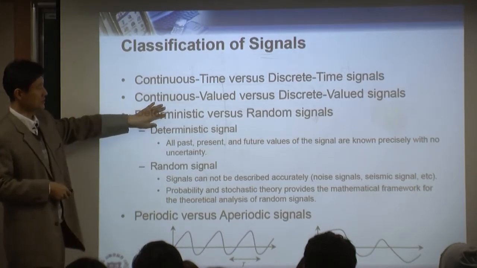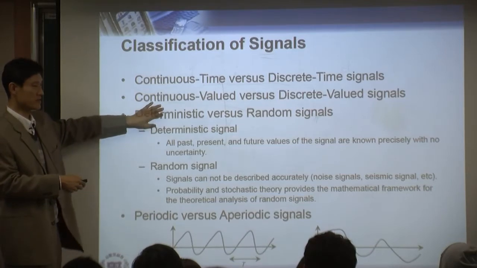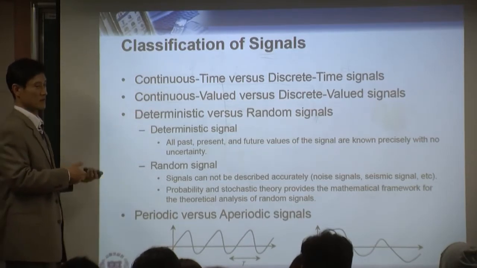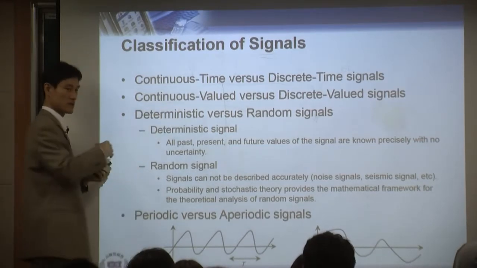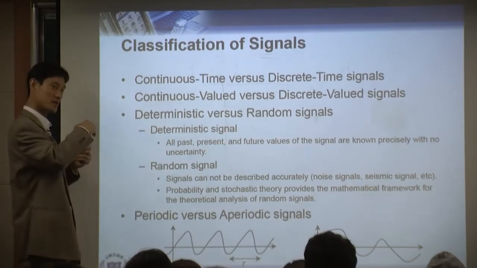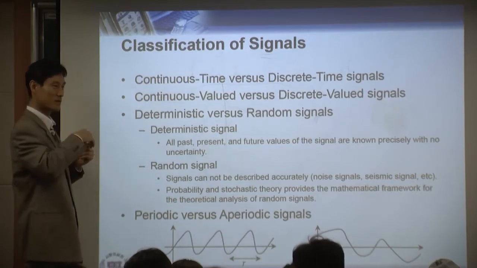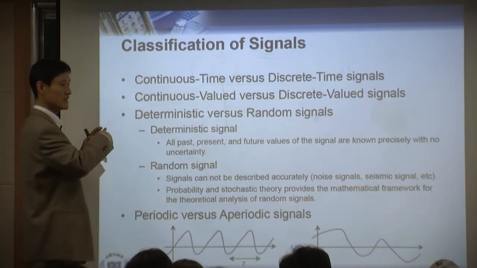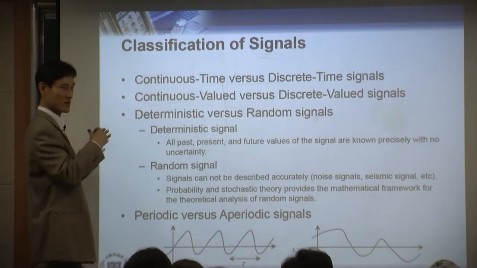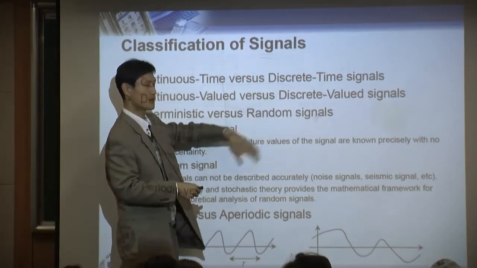There are also deterministic signals and random signals. What are deterministic signals? Deterministic signals are something where you can expect what is coming later because it is already fixed, already determined. However, random signals are completely random.